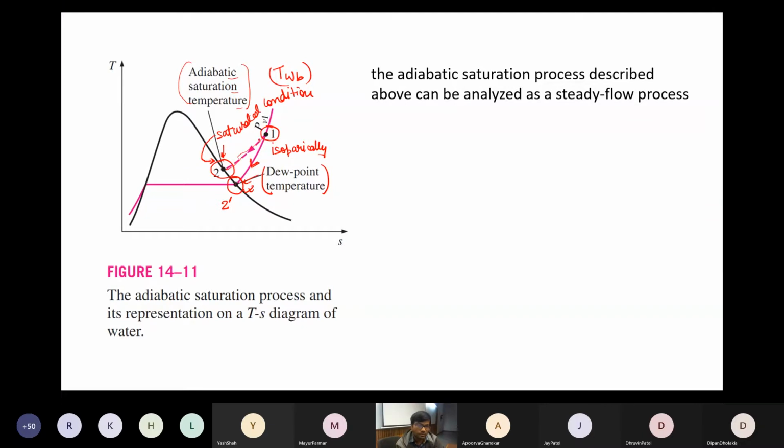It is not going isobarically, but through some polytropic or other process, yet you are hitting the saturation condition.